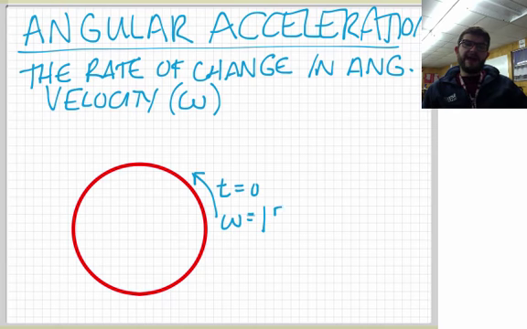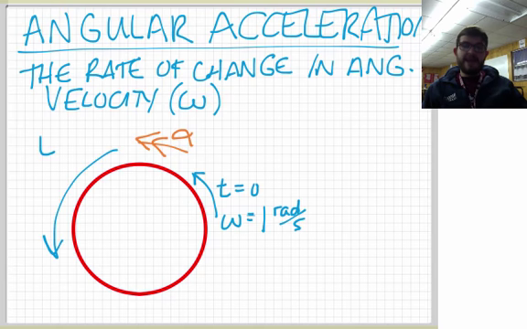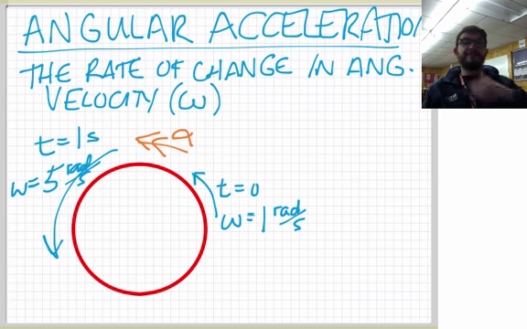Okay, so let's say I have a circle or a disc and it's spinning, and right now it's spinning at 1 radian per second. That's at time equals 0. And then let's say I push on it, and I apply an angular acceleration to it. That's going to speed it up because then 1 second later, it's now going 5 radians per second.